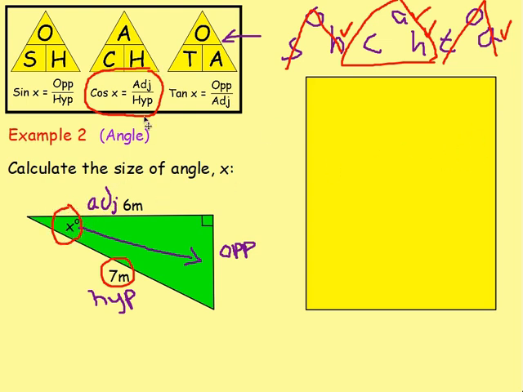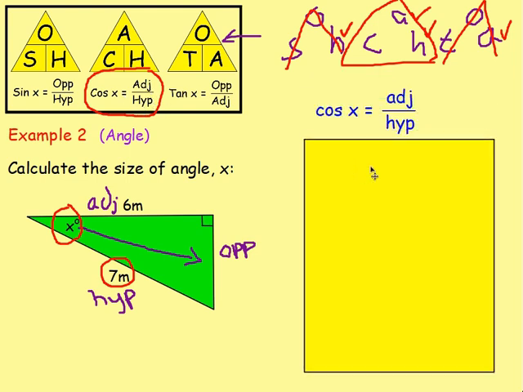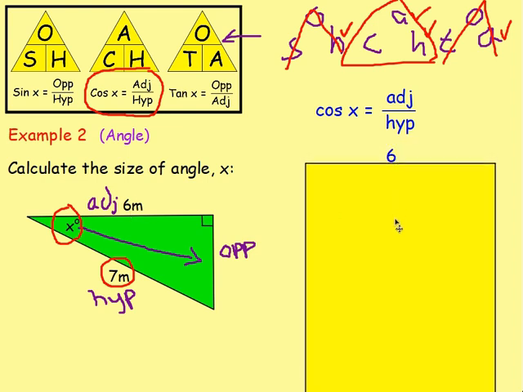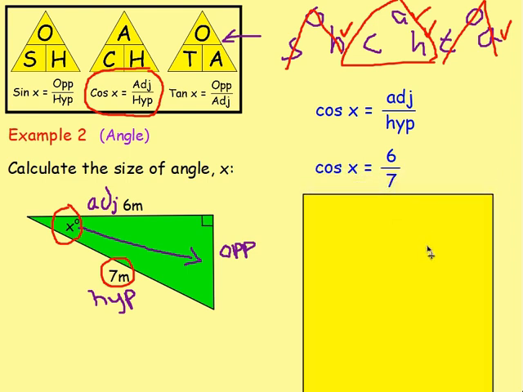So we start off by writing cos x equals adjacent over hypotenuse. Brilliant. Then you sub in your values. So the adjacent is 6. Good. So we'd have 6 divided by, and the hypotenuse is 7. Brilliant. Well done. You could always work that out on the calculator, 6 divided by 7 equals, and work it out as a decimal.